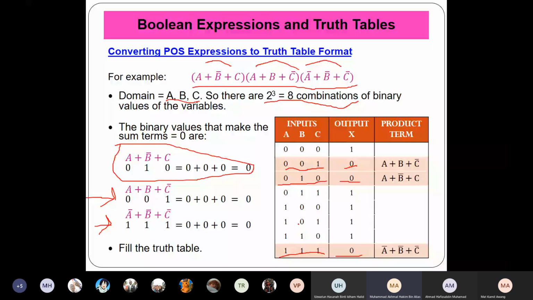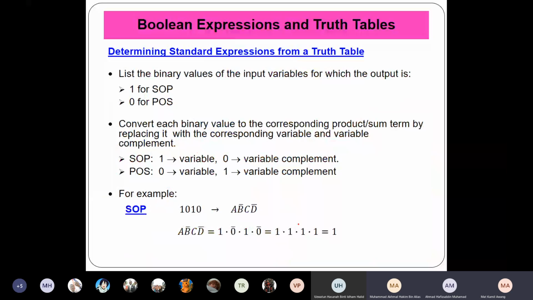Okay. Determine the standard expression from a truth table. List the binary value of the input variables for which the output is 1 for SOP and 0 for POS. Then convert each binary value to the corresponding product or sum term by replacing it with the corresponding variable or variable complement. For SOP, 1 you convert into the variable, and if it's 0, you convert into the variable complement.